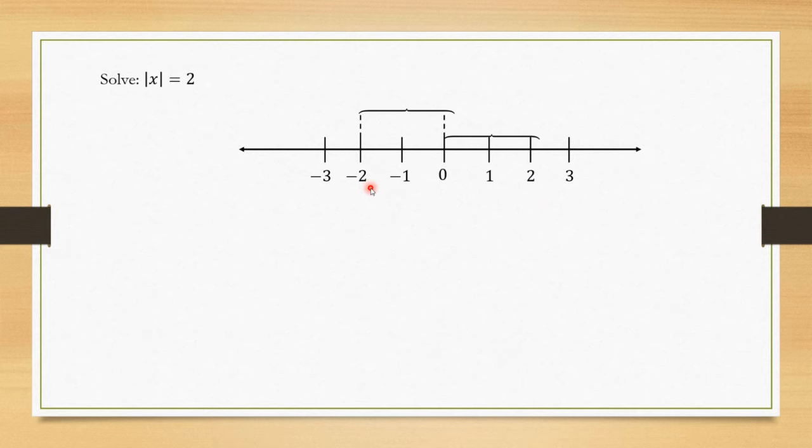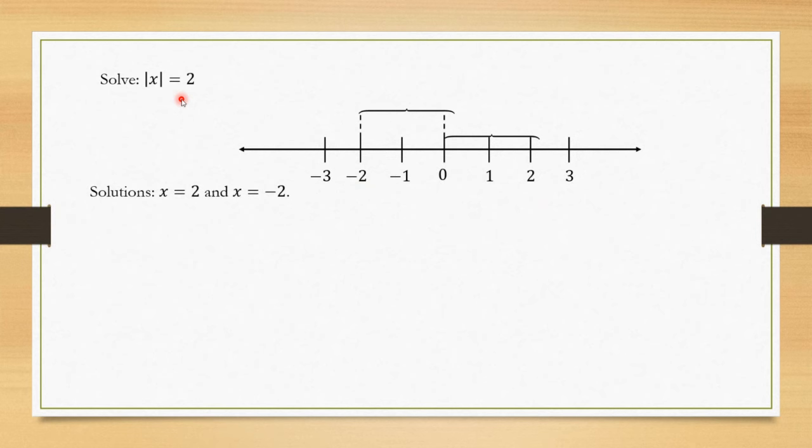We get -2. So 2 has absolute value 2, in other words, it's 2 units away from 0. -2 is 2 units away from 0, just in the opposite direction. So this is an equation with 2 solutions: 2 and -2.